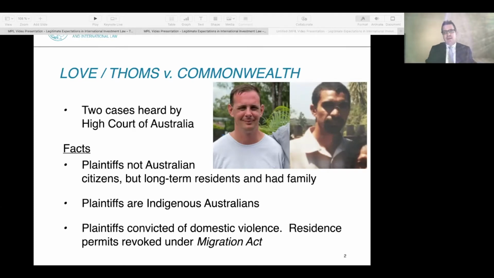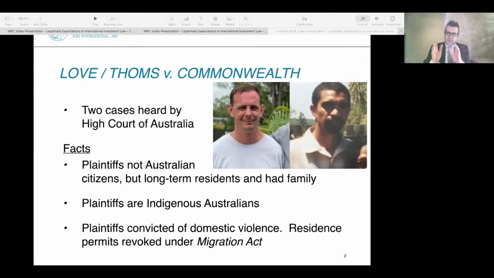If you are not an Australian citizen and you are sentenced to a prison term of 12 months or more, when you are released, you will almost certainly be deported from the country pursuant to an order under the Migration Act. Okay?